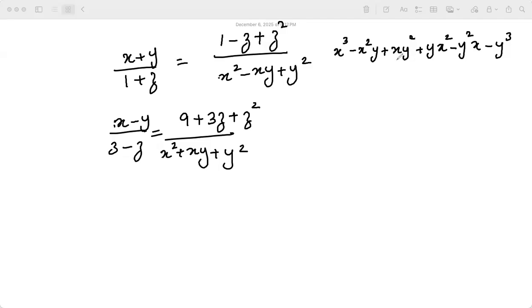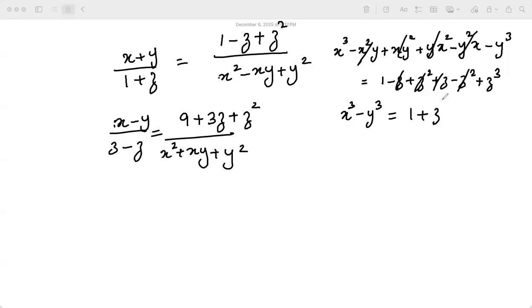Both, see, we are going to find xyz that satisfies both the equations. So this is going to be 1 minus z plus z square plus z minus z square plus z cube. The plus and minus terms cancel. So I'm getting x cube plus y cube equals 1 plus z cube from here. Please do it, guys, then only polynomial multiplication will come quickly.